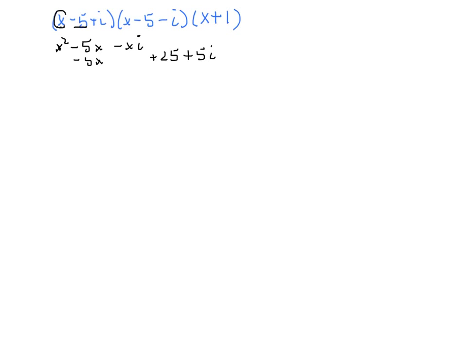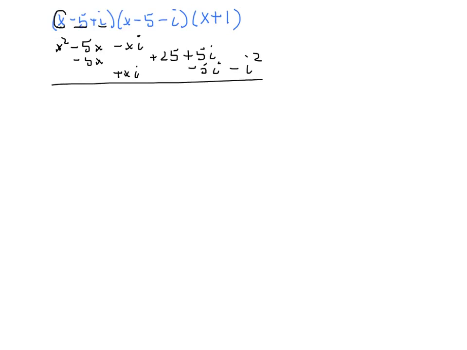All right, now I'm going to multiply everything by i. x times i is positive xi. Then positive 5i. And then, excuse me, I'm at negative 5i, and then negative i squared.